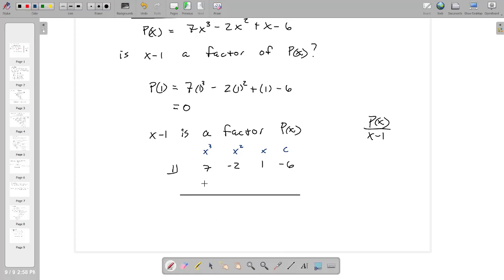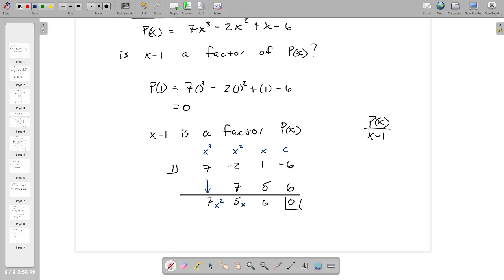Usual, 7 comes down, 7 times 1 is 7, negative 2 plus 7 is 5, 5 times 1 is 5, 1 plus 5 is 6, 1 times 6, 6, and we get a 0 here. So now we have our x squared term, our x term, and this is our constant.